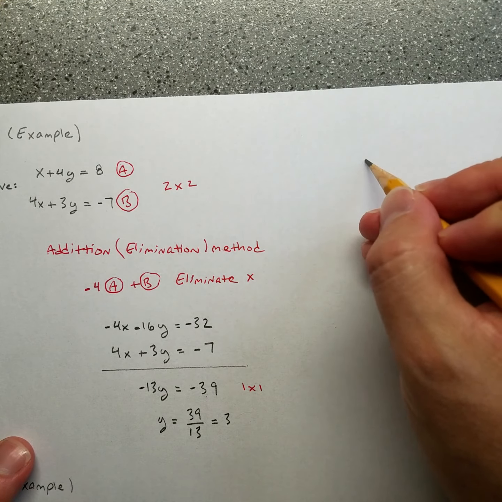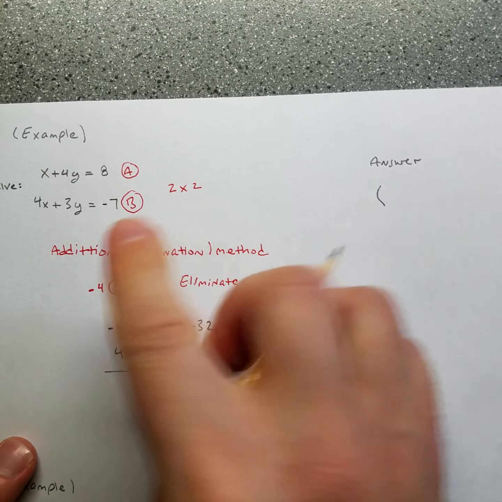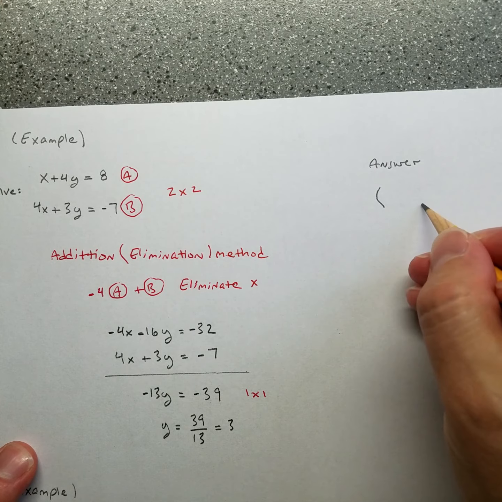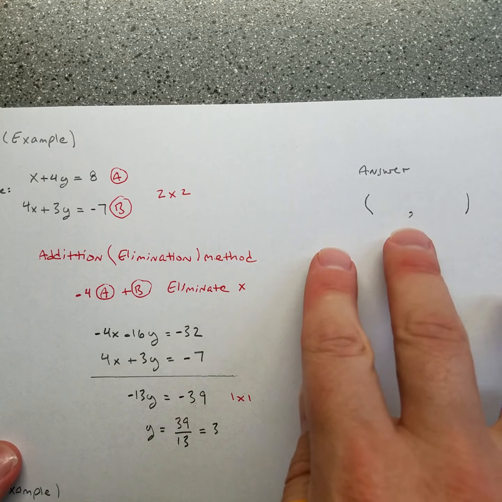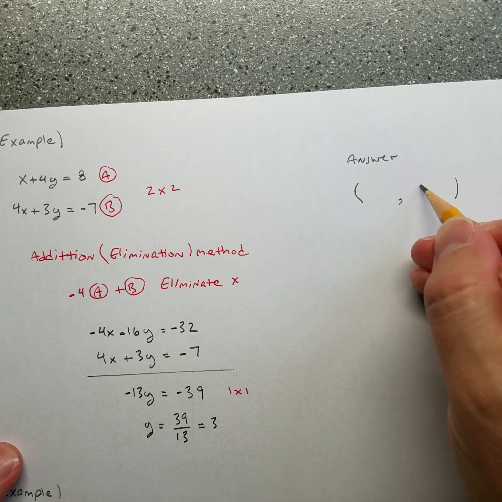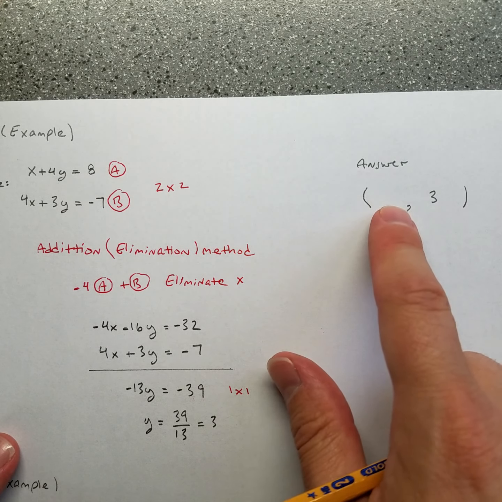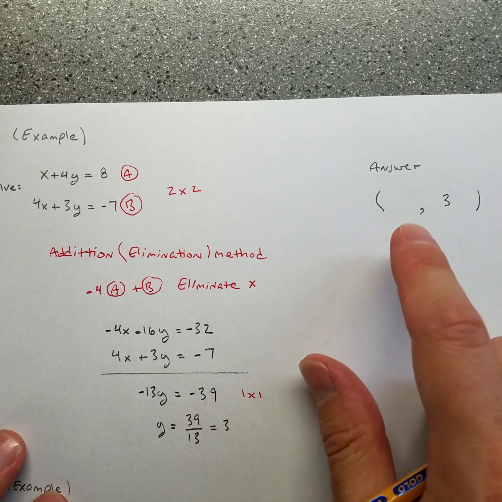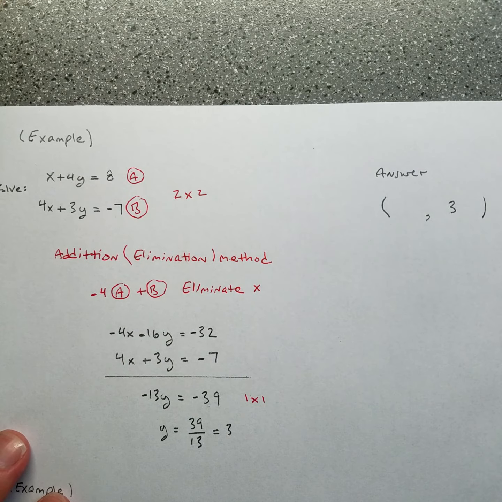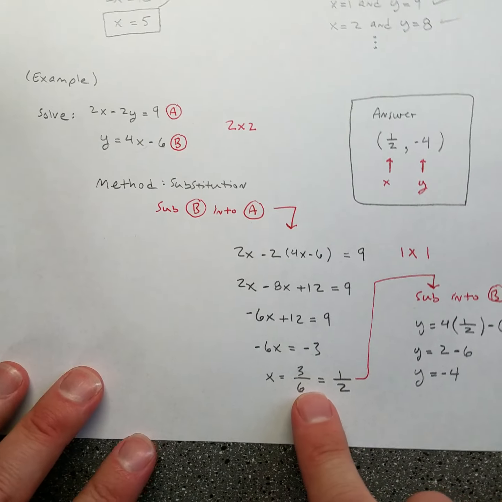So let's do this. Let's say, here's our answer. There's an answer for what the x is, and there's an answer for what y is. We write them as an ordered pair, and I have that y is 3. I don't know the x yet, but I know that y is 3. Okay? All right, how do you think you find the x? You remember how we found it over here?